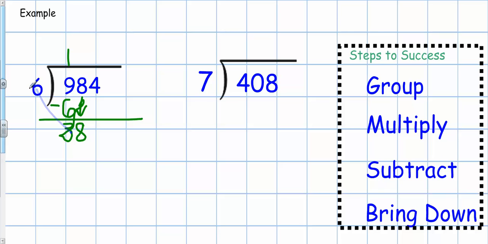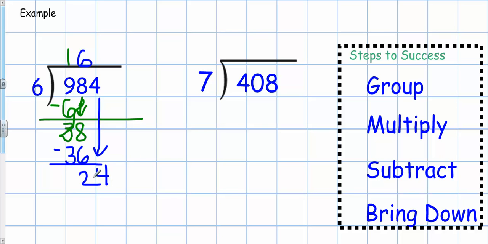Well, I know that 6 times 6 is 36, so there are 6 groups of 6 that can go into 38. Then I multiply 6 times 6 is 36. I'm going to subtract 36. 38 minus 36 is 2. Then I'm going to bring down that 4 again. That's going to give me 24.